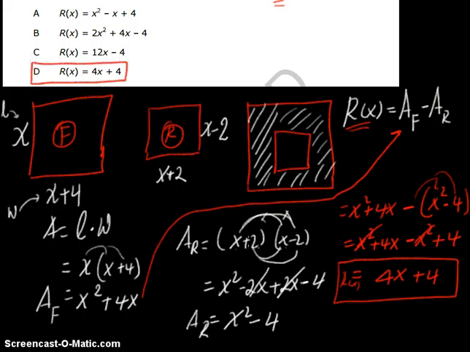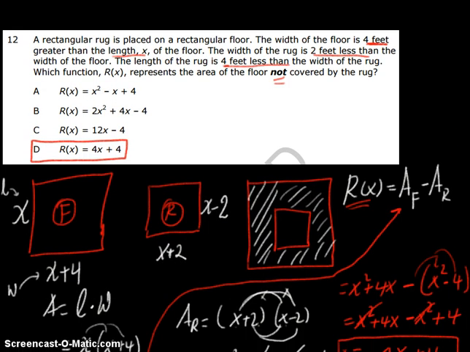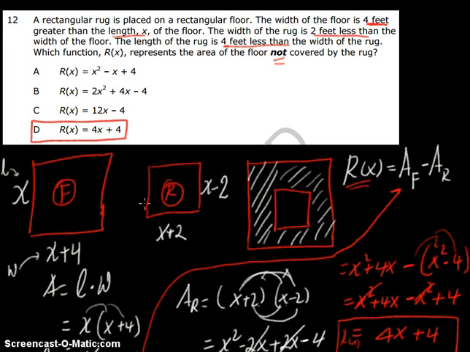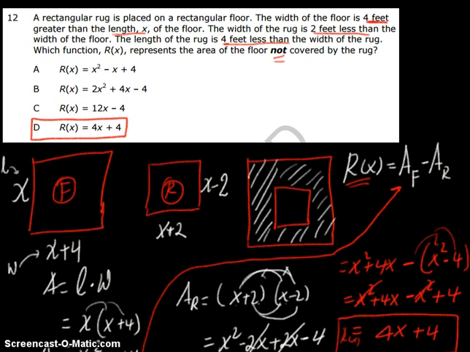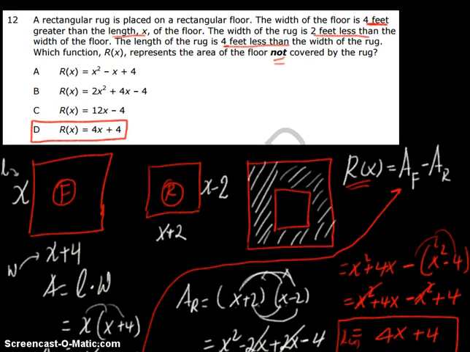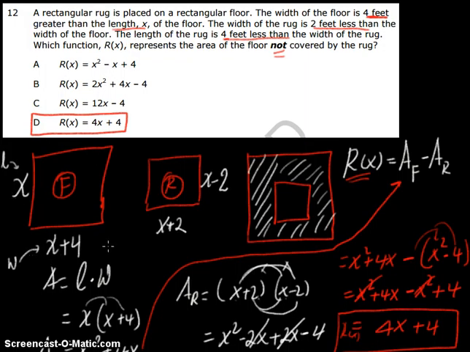Let me summarize some of the things that we did. First, we read the problem a couple of times, and then we underlined some of the information. After that, we drew 2 rectangles to visualize what the word problem was saying and asking. Then we rewrote every single dimension in terms of one variable, which was x, the length, based on the given information.